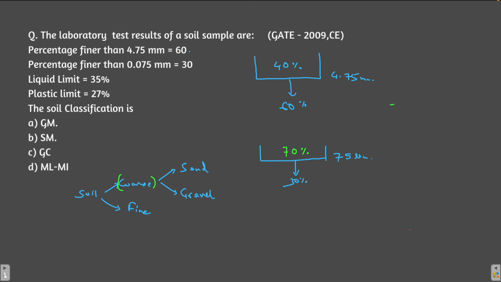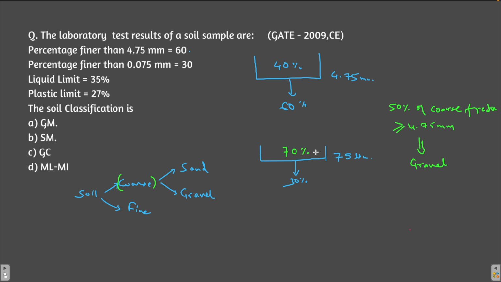If 50% or more of the coarse fraction is retained on the 4.75 millimeter sieve, that is greater than or equal to 4.75 millimeter, then it is a gravel, or else it is a sand.